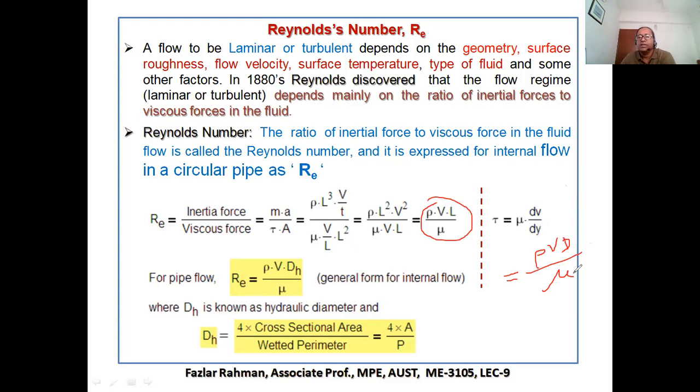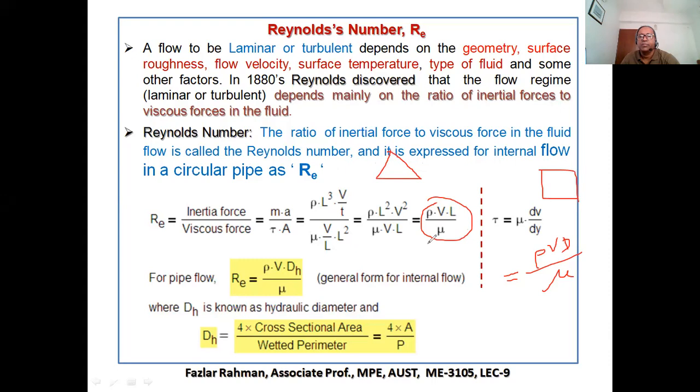So rho V D by mu. Now, what is this D? If instead of a circular pipe you have a rectangular pipe, how will I figure out the Reynolds number? If you have a triangular shape pipe, how will I figure out the Reynolds number?